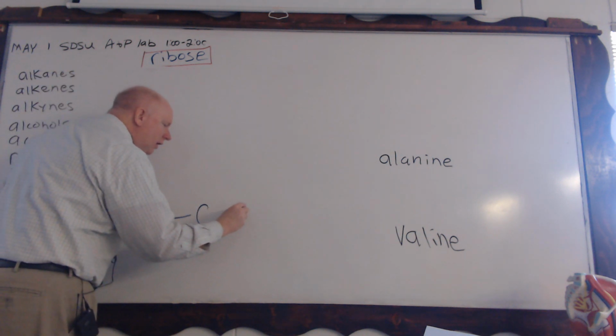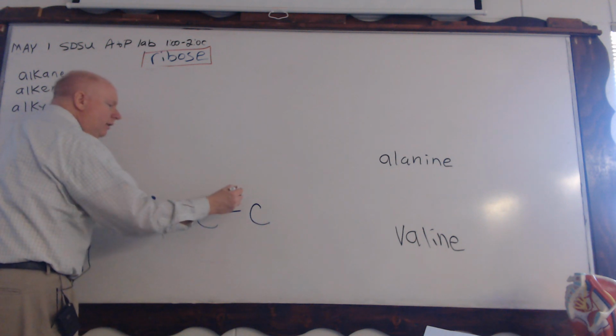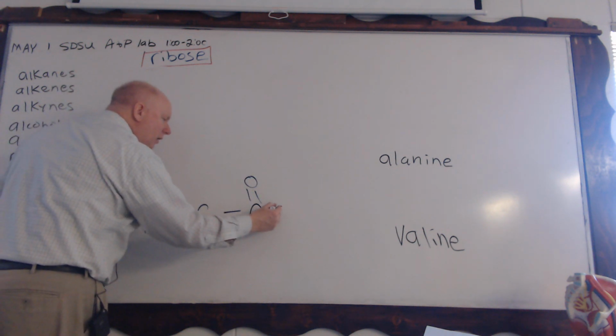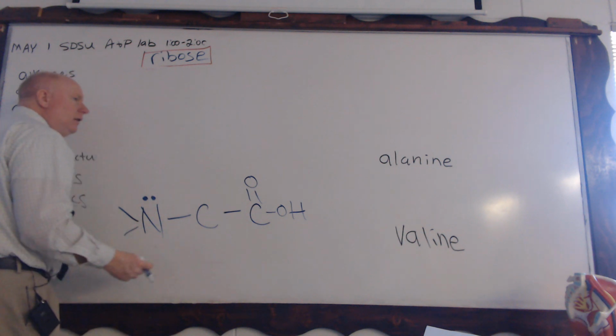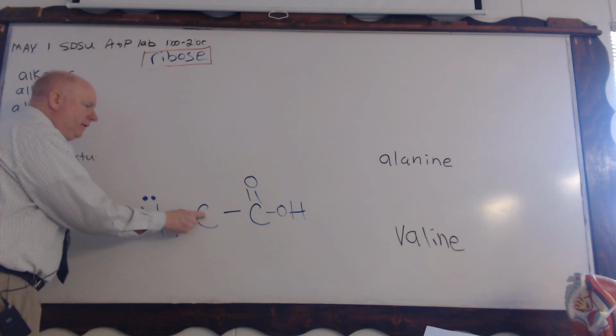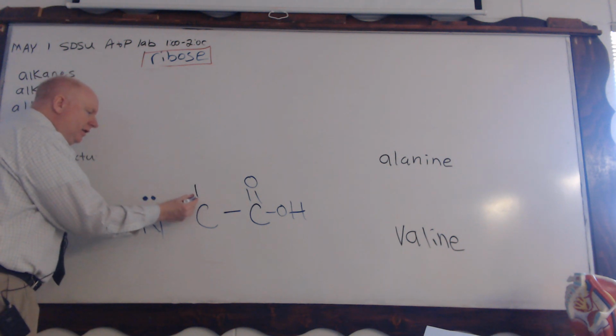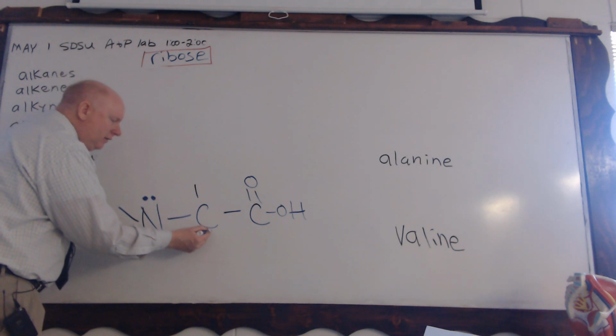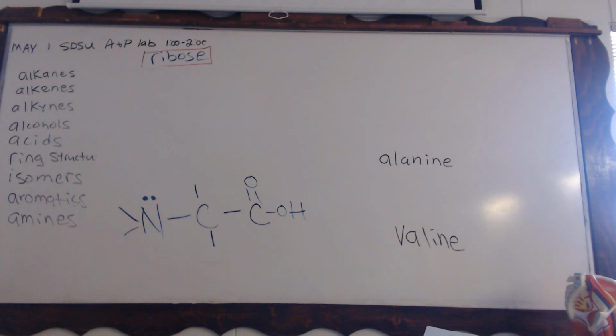And then another carbon with an acid group, so COOH. Is there anything on this carbon up above? There's a hydrogen. And then, is that an amino acid right now? Yes. That would be glycine. If we had a methyl group on there, it would be alanine.